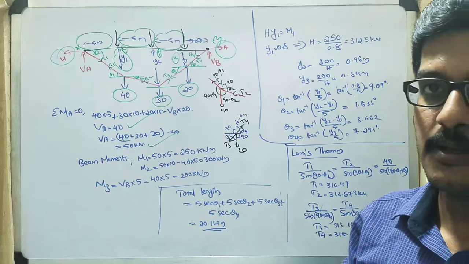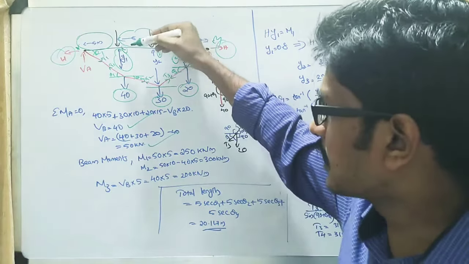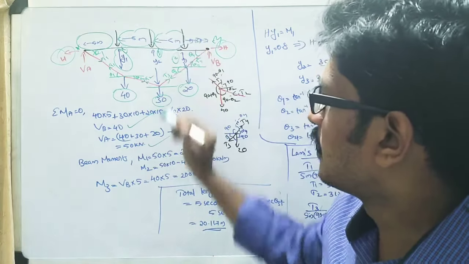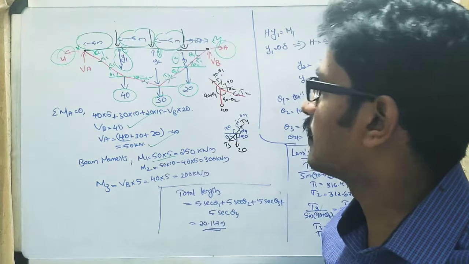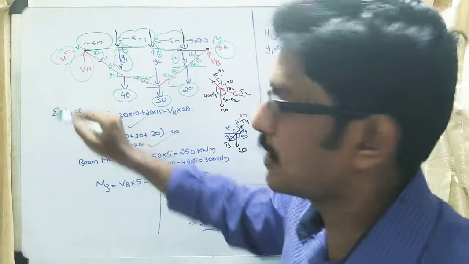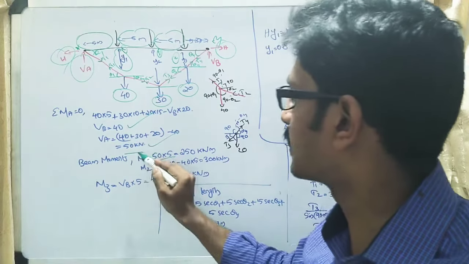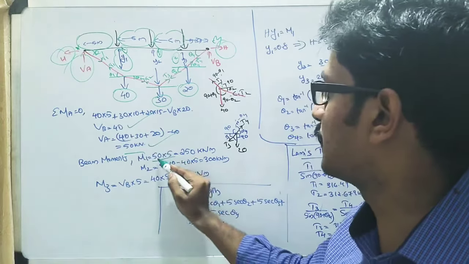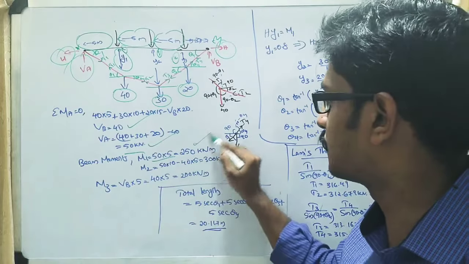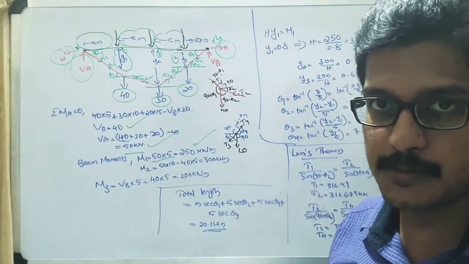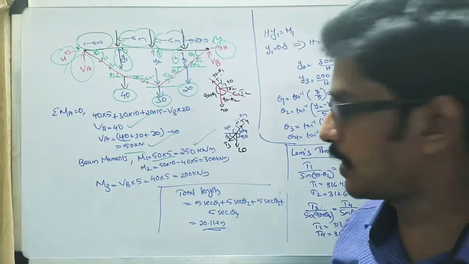Here in this case, only the 50 load is acting, that is VA we already calculated, and the distance is 5. So 50 multiplied by 5 gives 250 kilonewton meter. That's a beam moment.